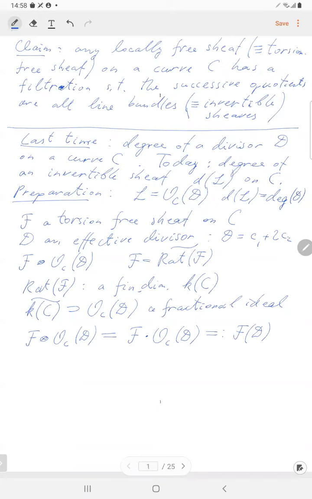Fine, and now for an effective divisor, we have a notation.